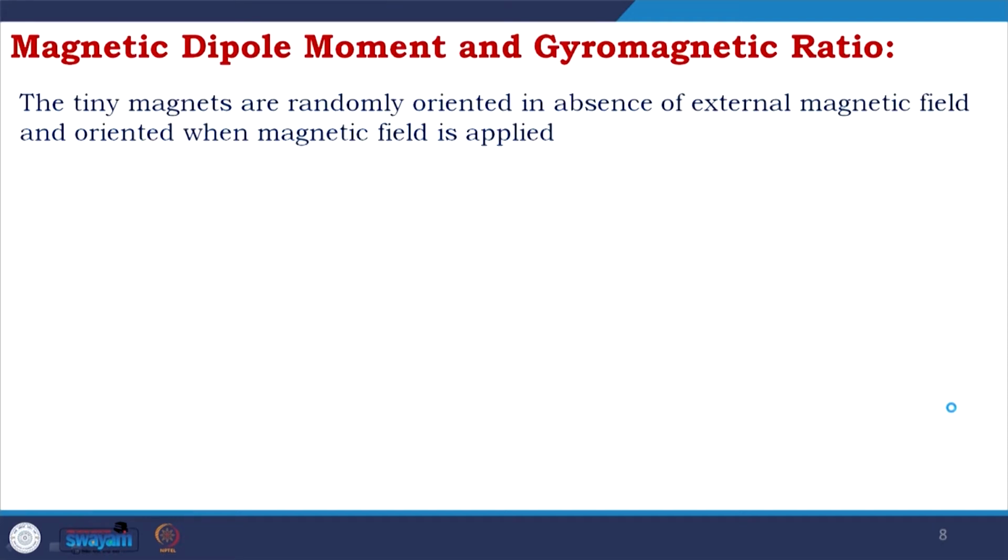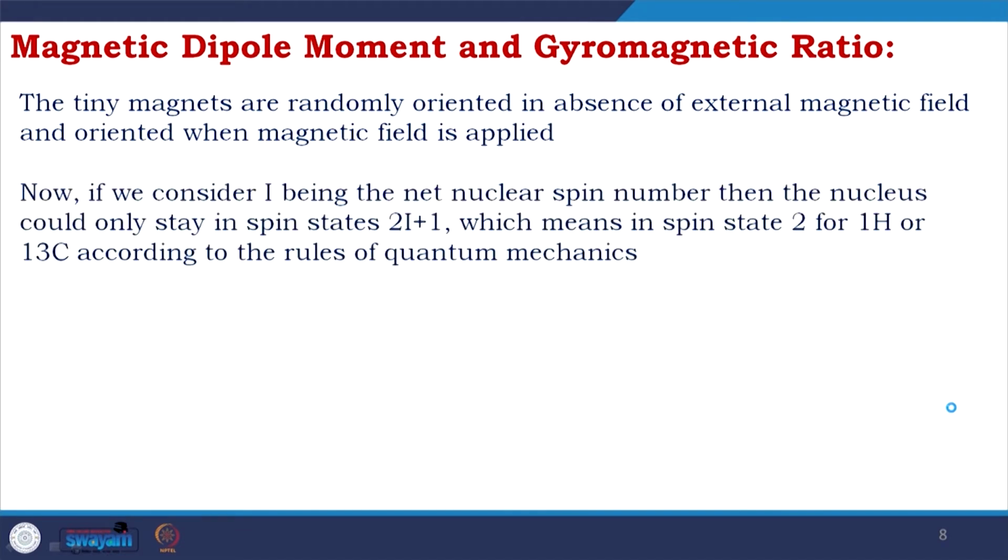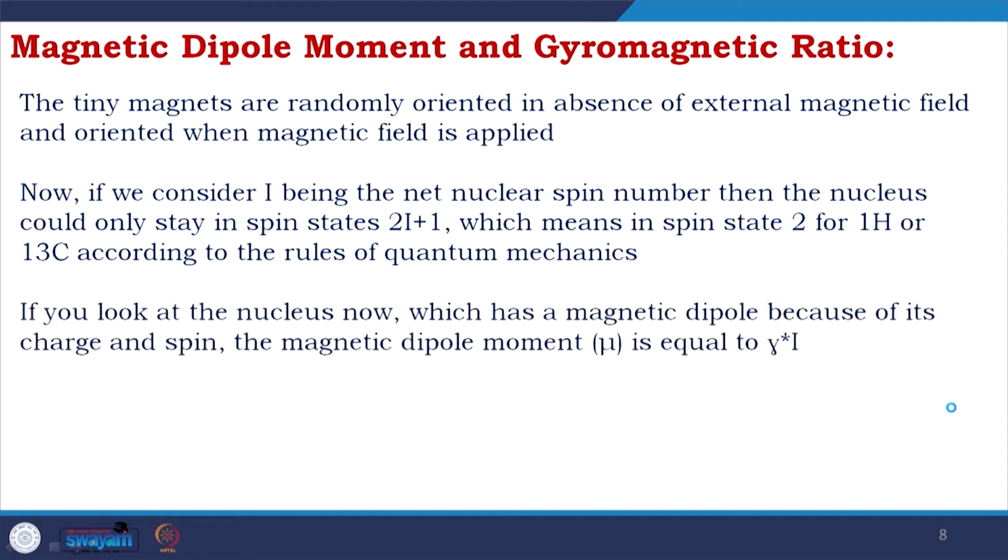Magnetic dipole moment and gyromagnetic ratio. As I talked about, the tiny magnets are randomly oriented in the absence of an external magnetic field and oriented when a magnetic field is applied. Now, if we consider I being the net nuclear spin number, then the nucleus could only stay in 2I plus 1 spin states, which means 2 spin states for 1H proton or 13C, according to the rules of quantum mechanics.